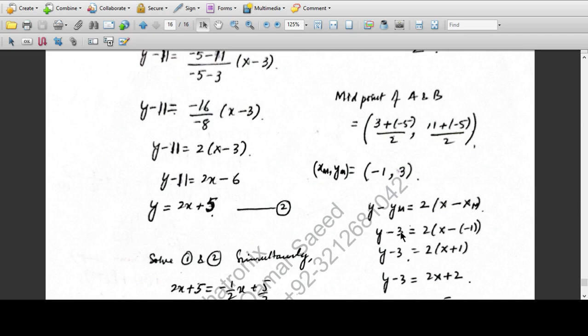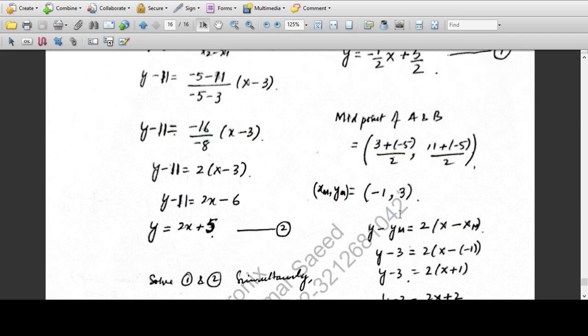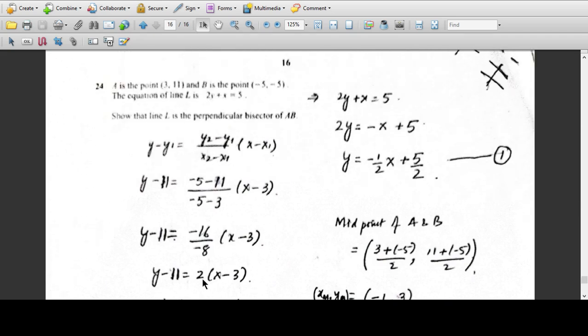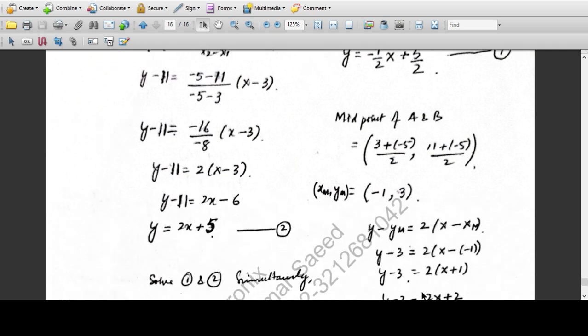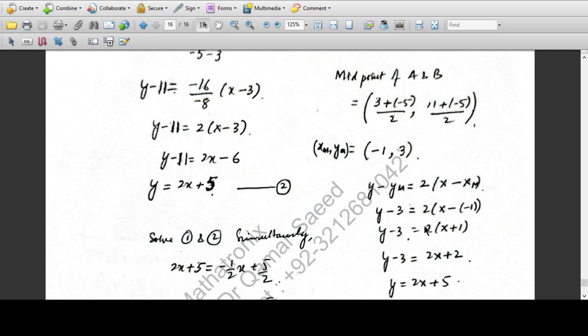So y minus 3, and this line AB is this. The x midpoint is -1 and the y midpoint is 3.